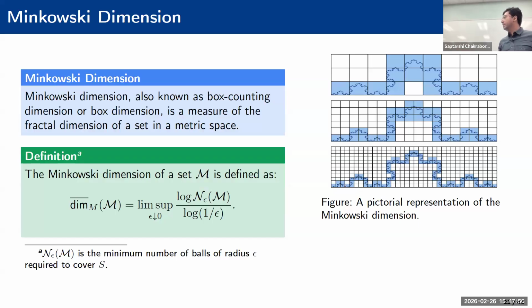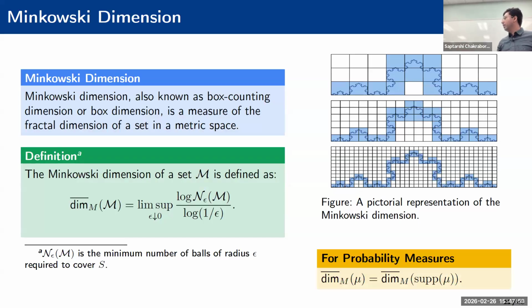And for a probability distribution mu, the Minkowski dimension of mu is simply defined as the Minkowski dimension of the support. So essentially you find the number of boxes you need to cover your entire support. But this is really suboptimal, although people have used this Minkowski dimension to characterize the generalization properties of different deep learning methods.